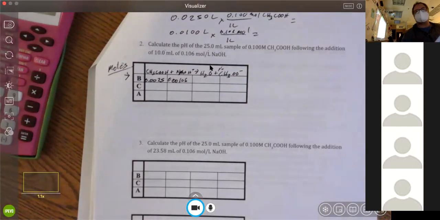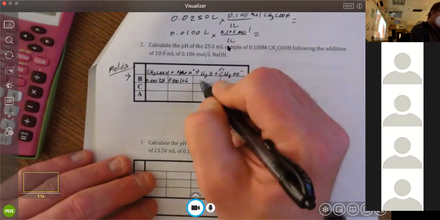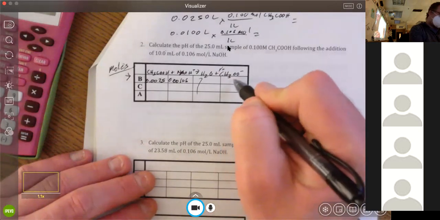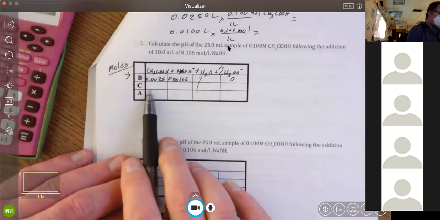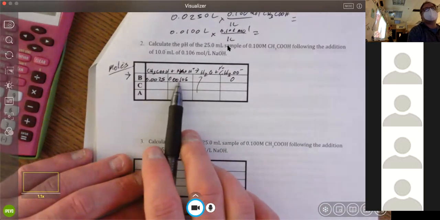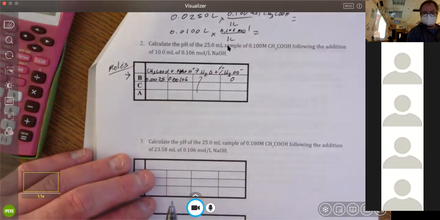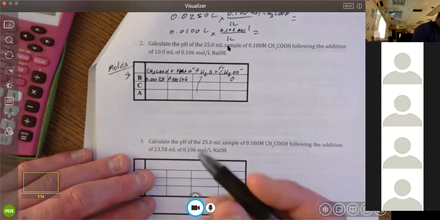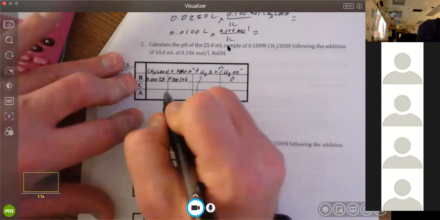So this is a reaction occurring, so we have a limiting reagent. Which of these two is our limiting reagent? 0.0025 or 0.00106. Sodium hydroxide. So that means it will get used up first.